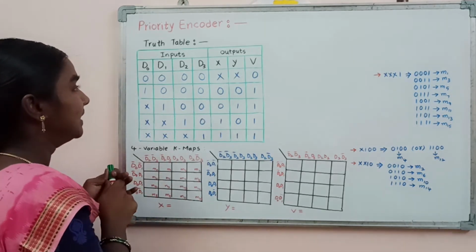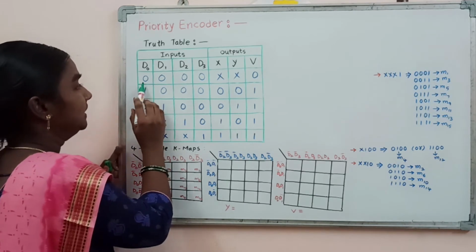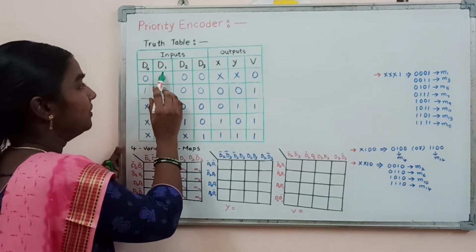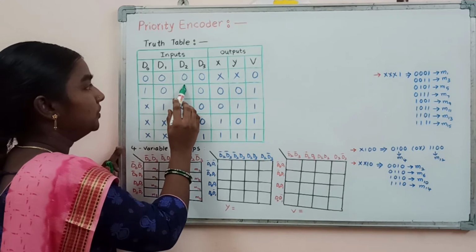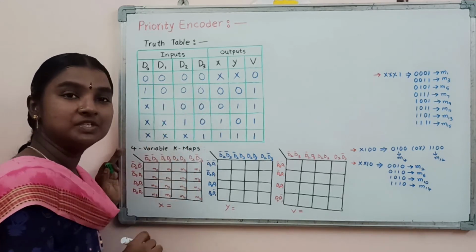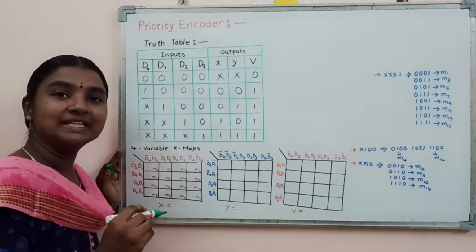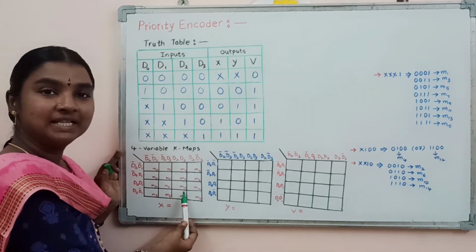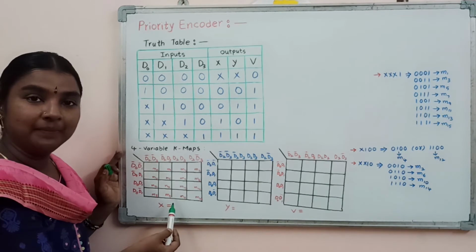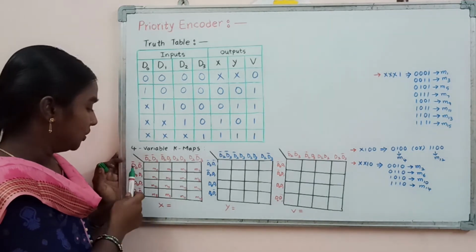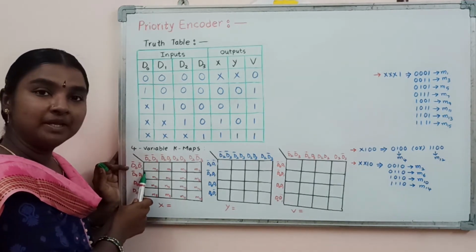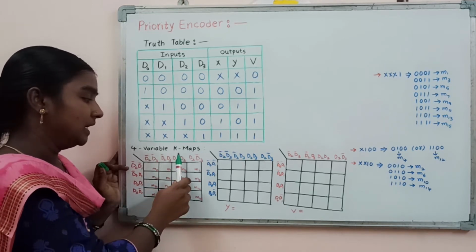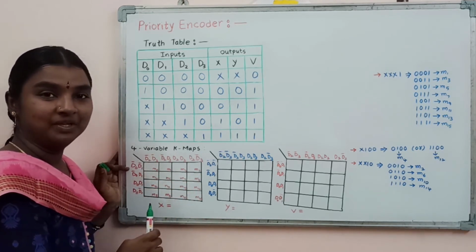For the first combination, D0 equal to 0, D1 equal to 0, D2 equal to 0, D3 equal to 0, it indicates the minterm M0. I already arranged the minterms in the K-map, with the D0, D1 variables on the row side and the D2, D3 variables on the column side.